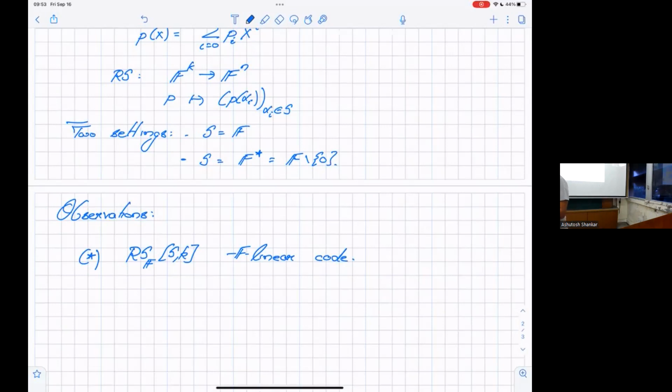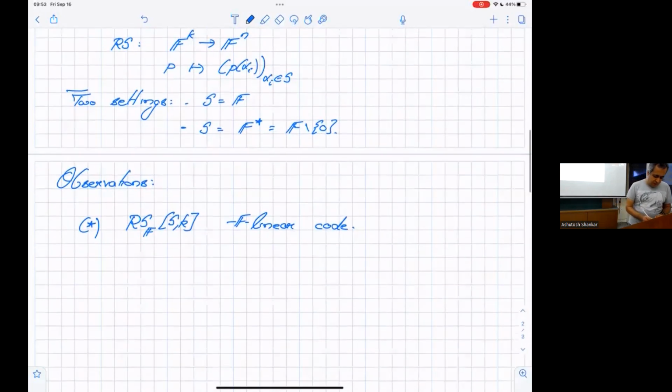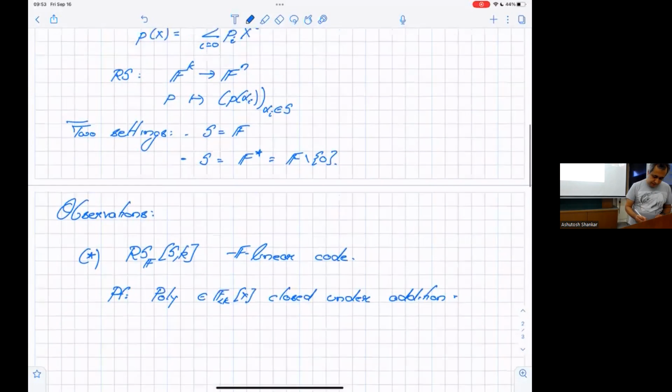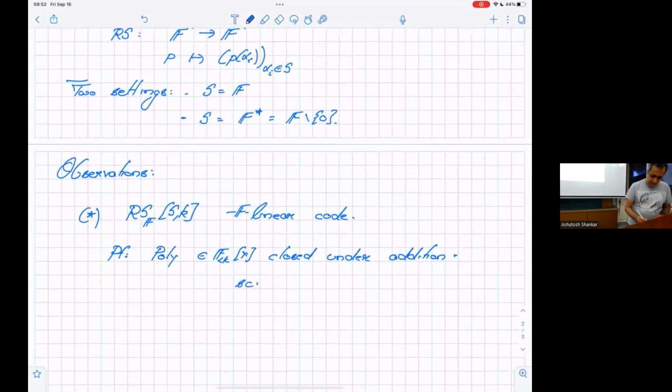And you should also be able to scale a polynomial: you multiply a polynomial with a scalar from the field, and you remain in the set. So the polynomials in x of degree less than k are closed under addition and scaling, so it's a nice linear code.